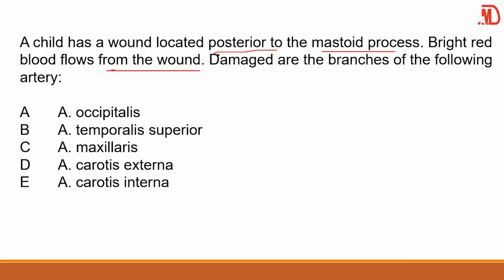All right. Now, what are the branches of the following artery? So now we are going to be talking about the blood vessel that is supplying the posterior area of the mastoid process.